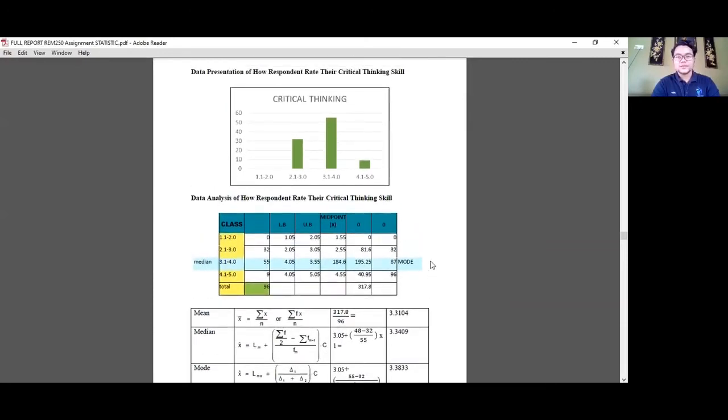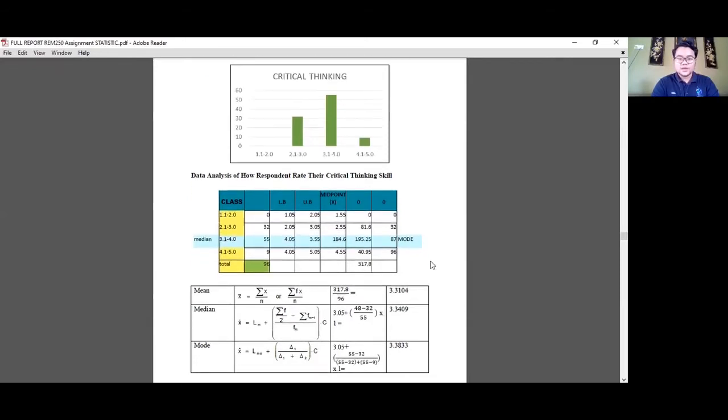And our last is the critical thinking skill. Same as the other skills, many of the respondents chose the 3.1 to 4.0 class. About 55 respondents out of 96 total respondents chose this class.